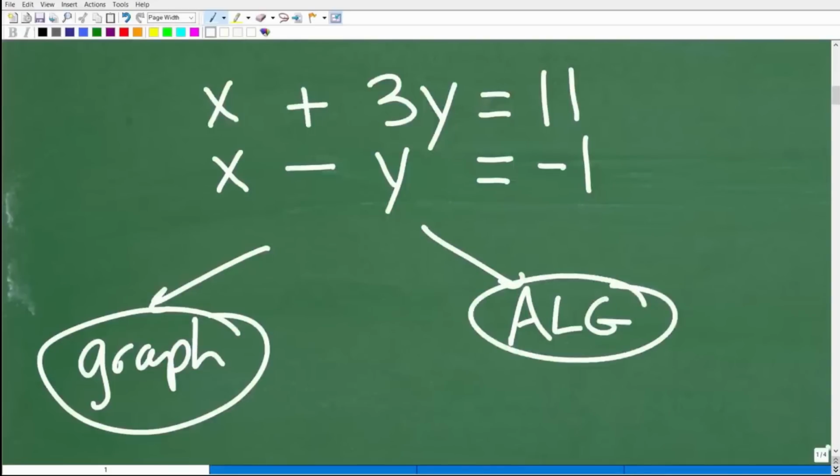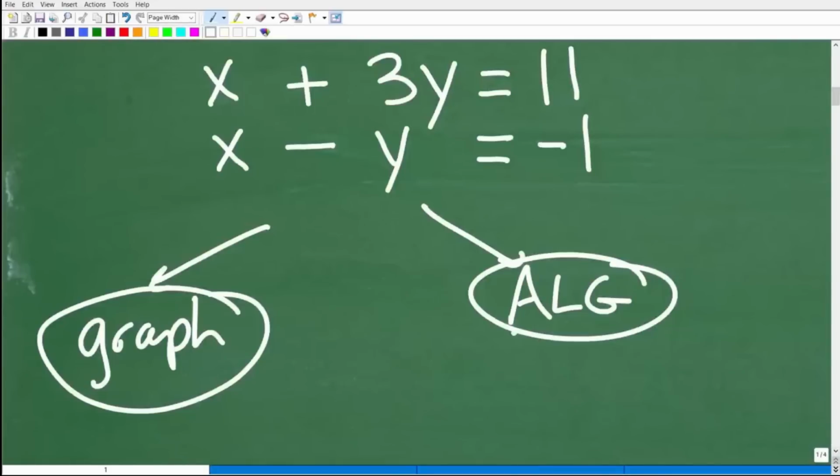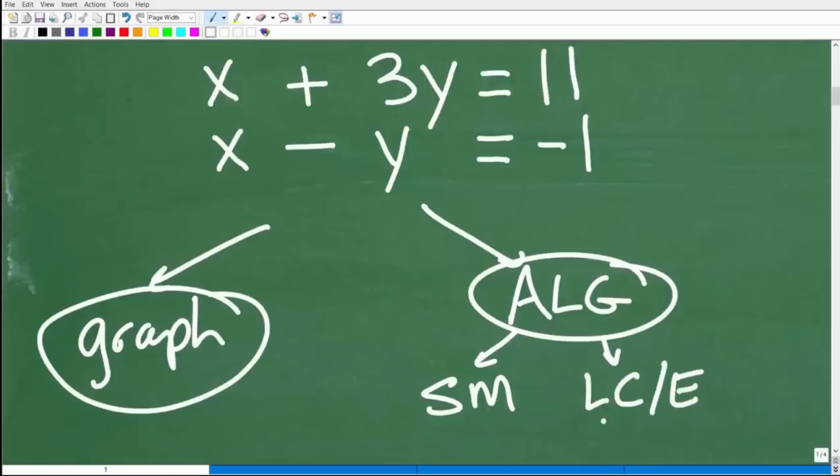Now, there are two primary techniques that you learn in generally first year algebra courses. The first is called the substitution method. The next is called the linear combination or the elimination method. This technique goes by both of these names. Later on, in second year algebra courses like college algebra, you have other techniques that deal with matrices to solve systems.